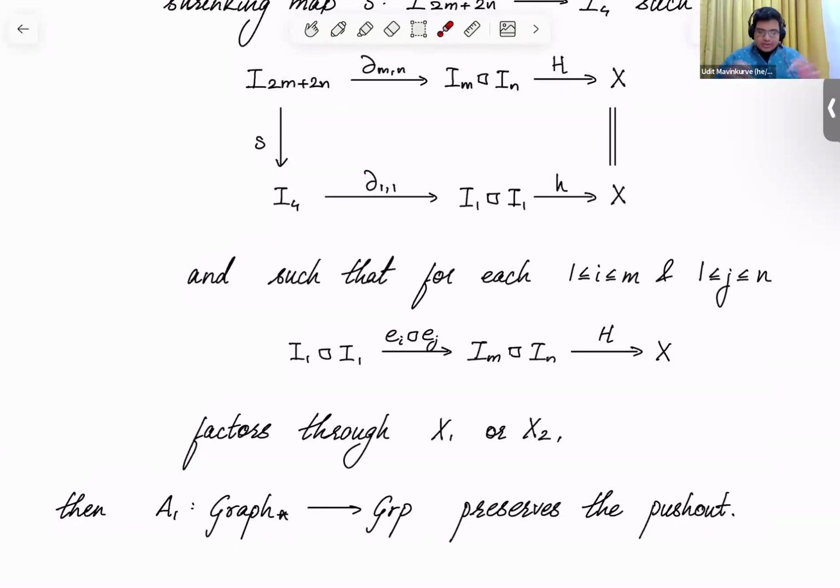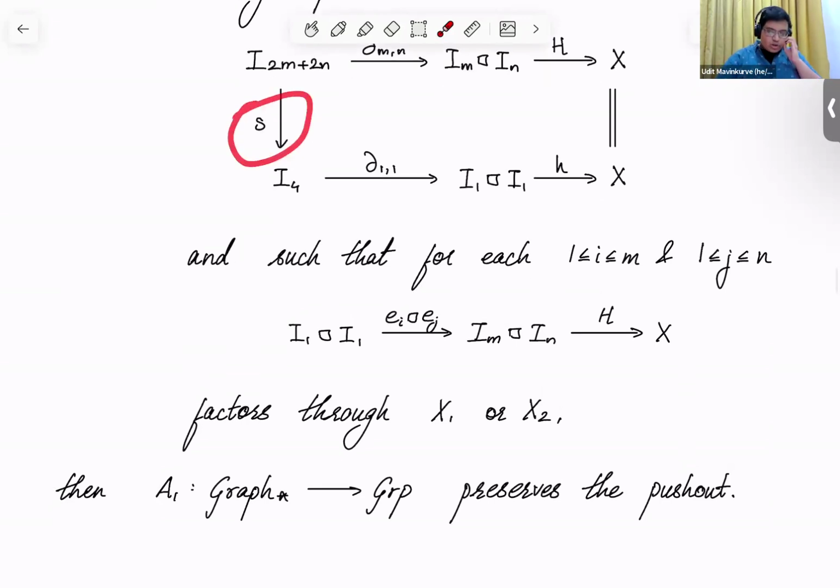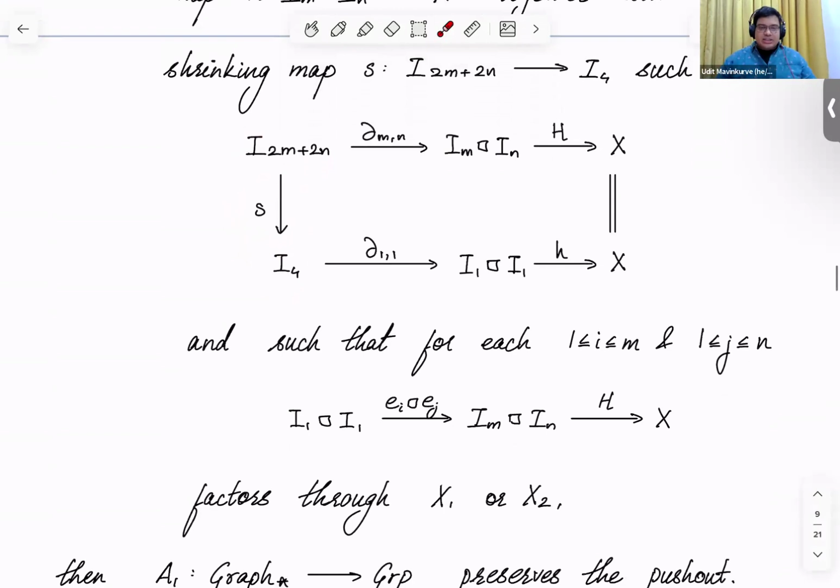This statement is quite tricky, and the only reason I'm spelling out this condition is because I want to emphasize the role played by these shrinking maps, which compare intervals of different lengths. This is going to be a recurring feature of discrete homotopy theory, as I saw during my research: this idea of blowing things up and then looking at the subdivided data happens a lot.